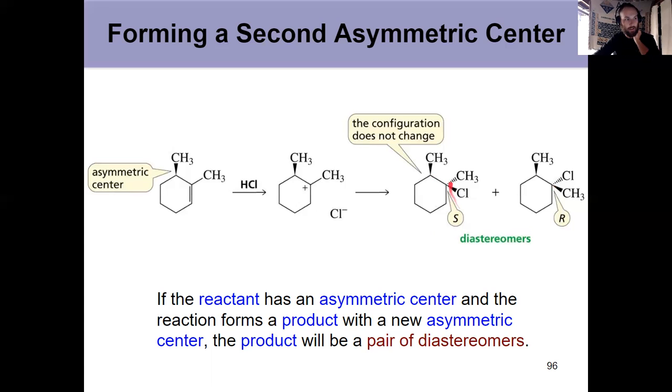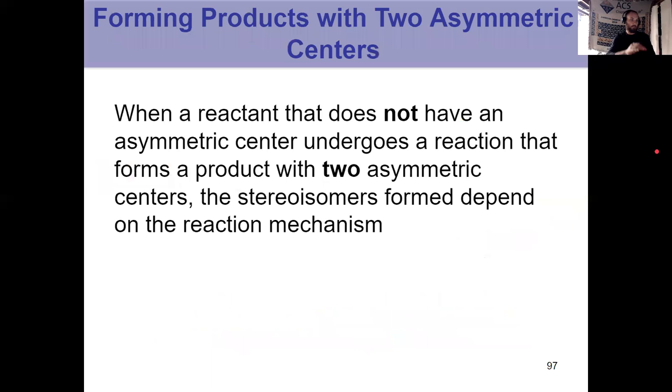Because that new asymmetric center that was formed is a 50-50 mix of, sorry, I said that backwards, of S and R. So your asymmetric center from the beginning was unchanged. Nothing changed there. And then the new one that was formed here from this carbocation is 50% S, 50% R. So going from 1 to 2, that relationship is a pair of diastereomers. So if you go from 1 to 2, you get a mixture of diastereomers.